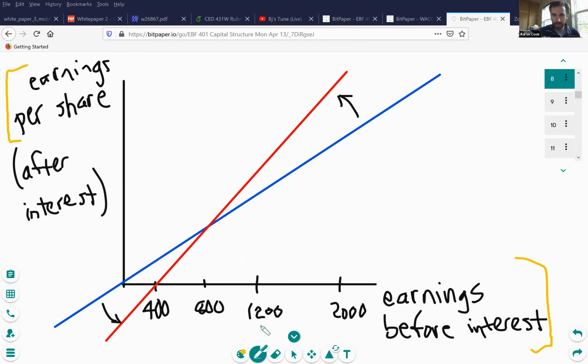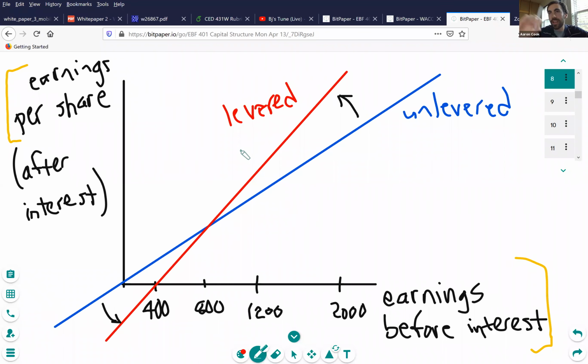The blue line is the unlevered case, and the red line is the levered case. So taking on leverage represents a counterclockwise rotation of this line, of this plot that represents the earnings before interest versus earnings per share.